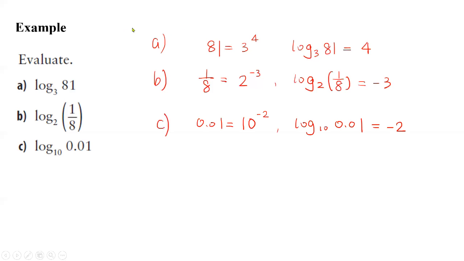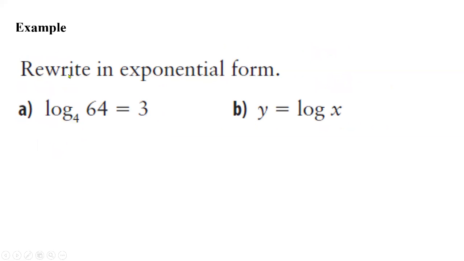All right, so let's do another practice. Rewrite in exponential form. A, log base 4 of 64 is 3. B, y equals log x. So I need to mention here, if there is no base number, by default the base number is 10.